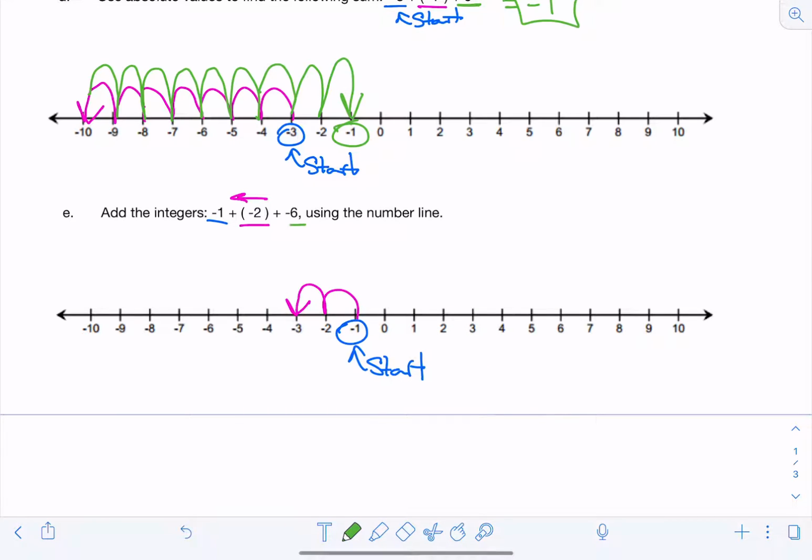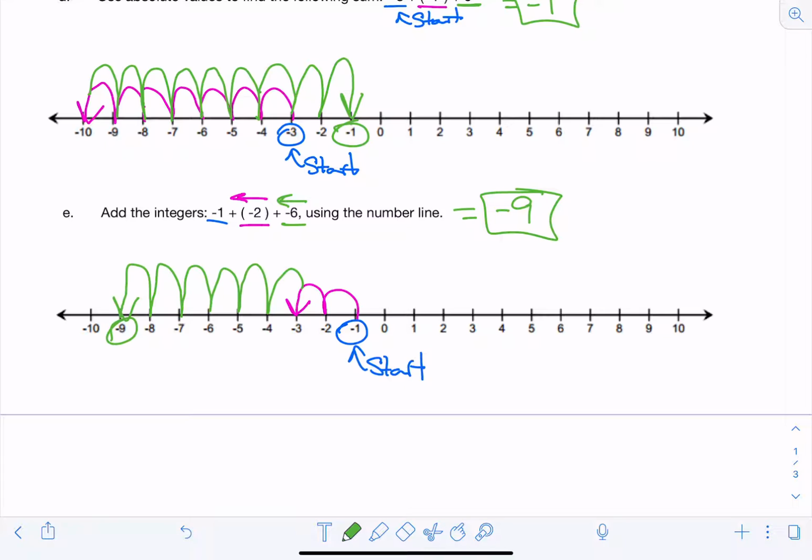And then our third number is also negative, so we're going to keep going to the left, except this time we're going to go to the left 6 times. So 1, 2, 3, 4, 5, 6. And we end up at -9. So that means that -1 plus -2 plus -6 equals -9.